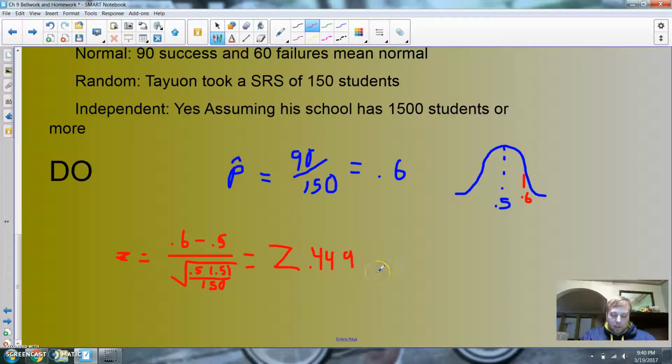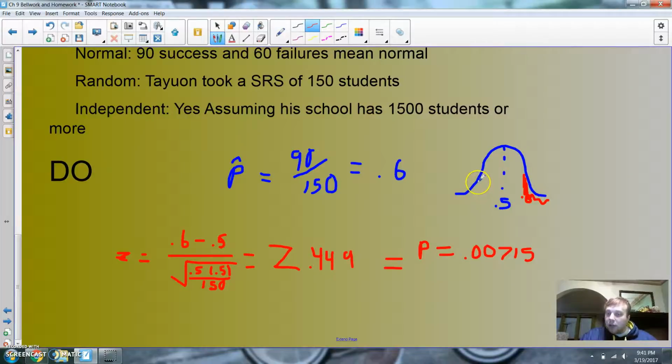That should give me a p-value, the probability of getting my result. It's 0.00715 if I look at 2.449. That would be the area from here and above. Now, remember, I'm doing a two-tailed test, so I wanted to find the probability of being greater than or less than.